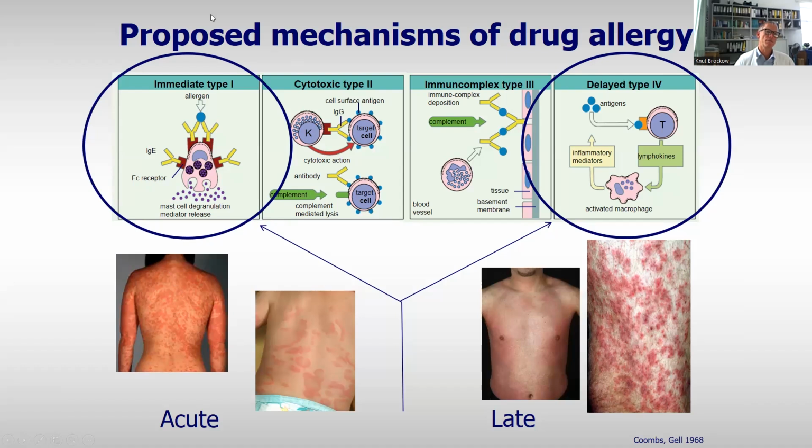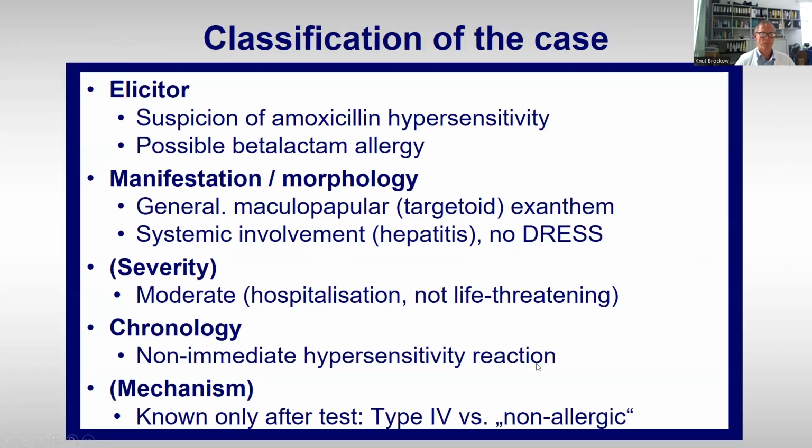The mechanism, as I have already indicated before, is in drug hypersensitivity reactions in about 95 to 99% of all cases an immediate type hypersensitivity reaction, which is normally acute, according to the chronology, or a delayed hypersensitivity reaction with T lymphocytes with a late occurrence.